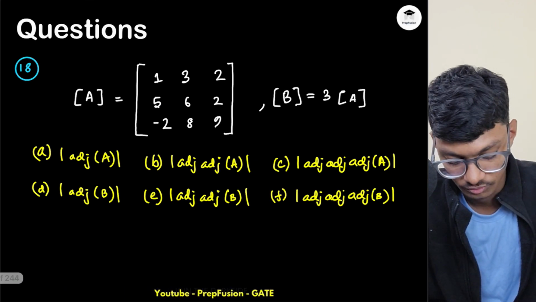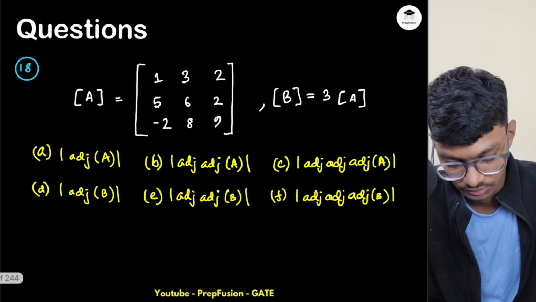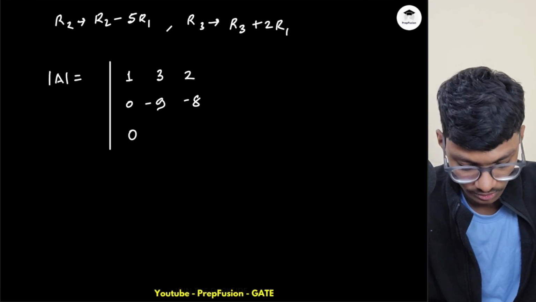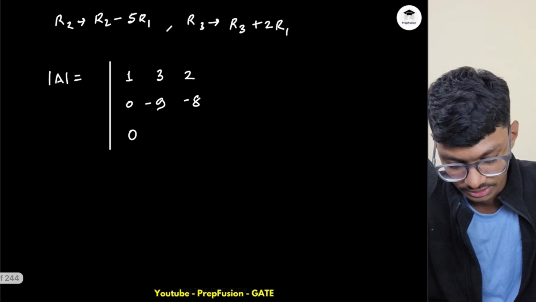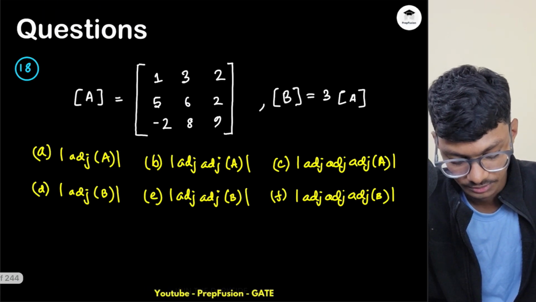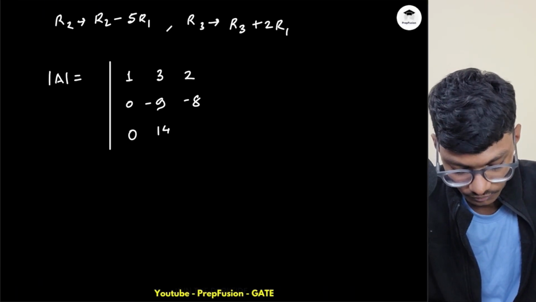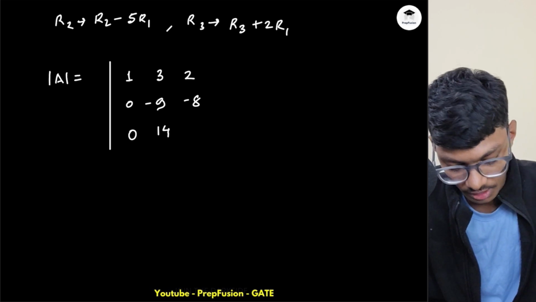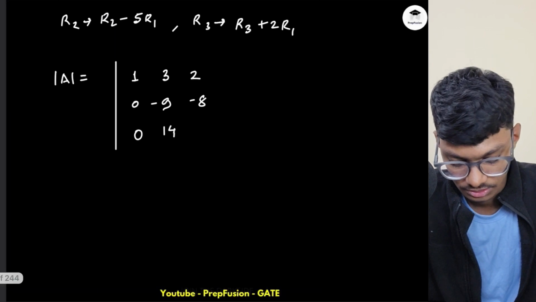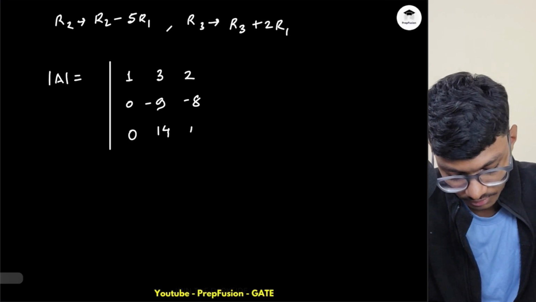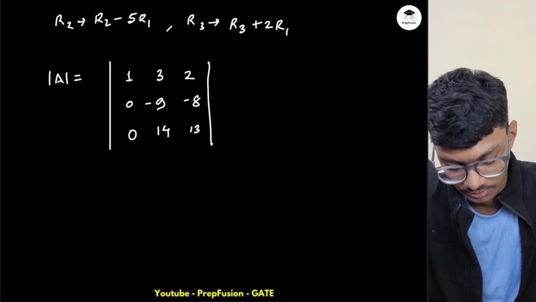For the third row, the first entry becomes 0, then 6 plus 8, which is 14, and then we add 4, so this will be 13. Now we find the determinant of this.